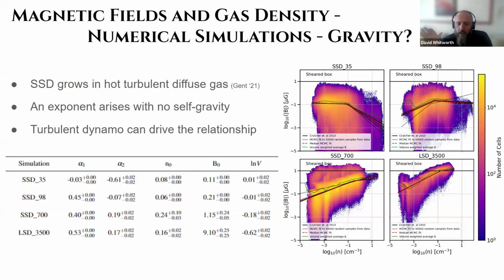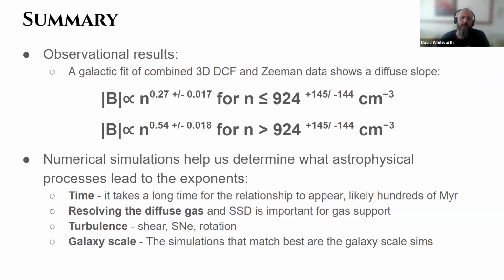So we have star formation here and we have turbulence here, but we don't have gravity. So it's not necessarily driven by gravity, but it is definitely driven by turbulence. And so observationally, we see this fit as shown earlier. And then the numerical simulations help us determine the processes that lead to it.